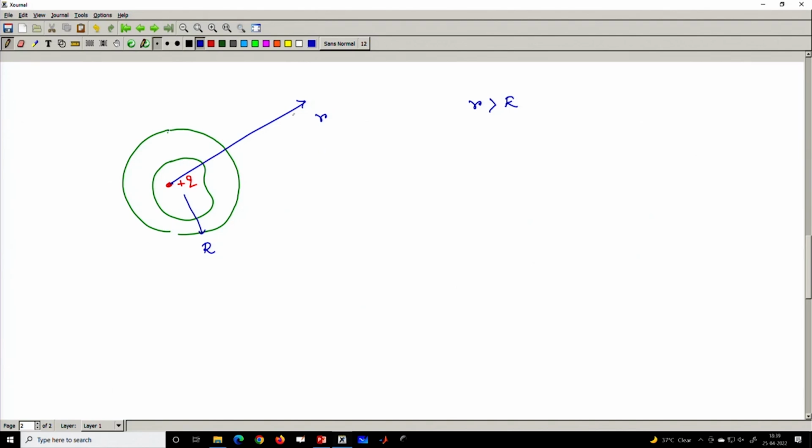And the result, if I draw a Gaussian surface, again the distribution, if I look carefully, the negative charge will be sitting here, and the positive charge will be over this, equal amount, just distributed like this.